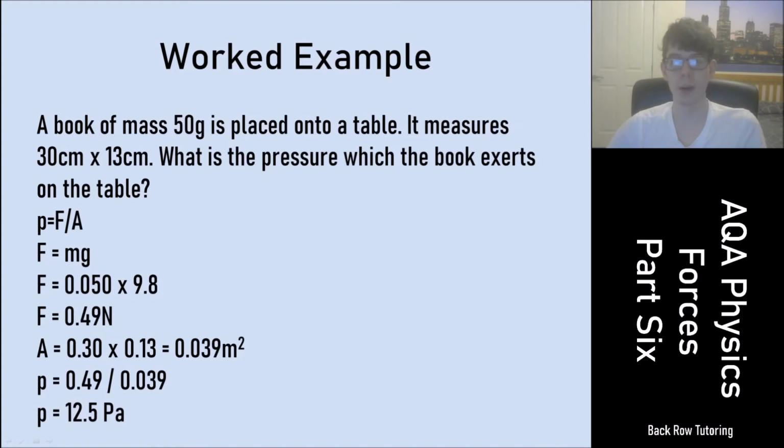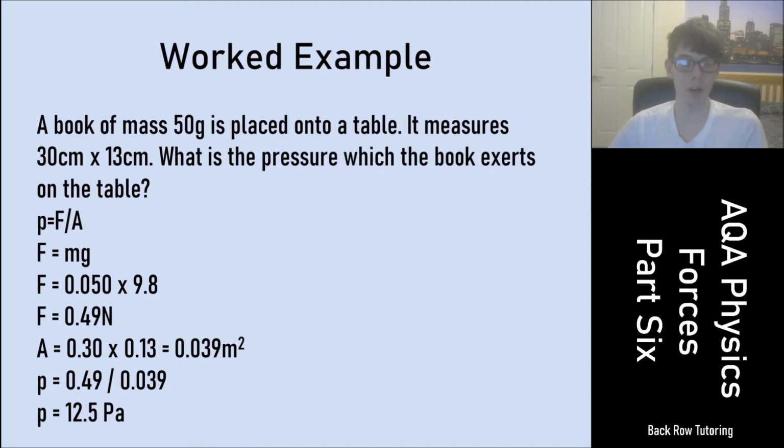Let's have a look at another worked example. A book of mass 50 grams is placed onto a table. It measures 30 centimetres by 13 centimetres. What is the pressure which the book exerts on the table? Okay, so pressure is equal to force divided by area, and we also know from a previous video that force is equal to mass times gravity, or the weight is equal to mass times gravity.